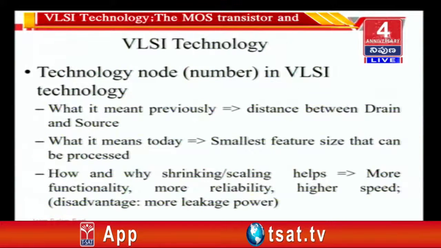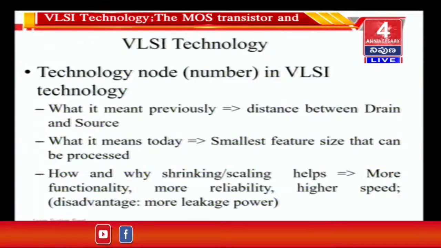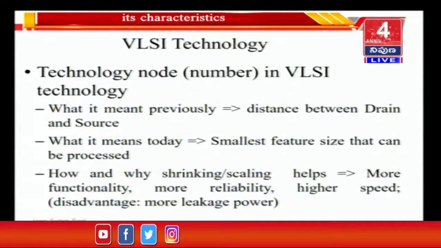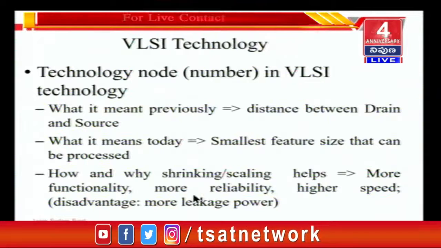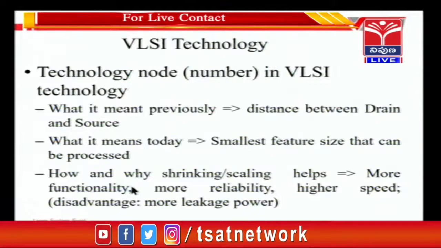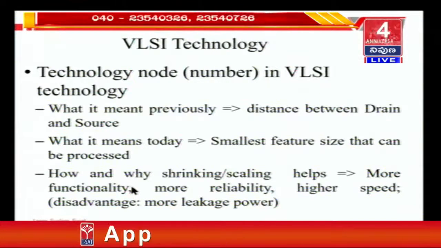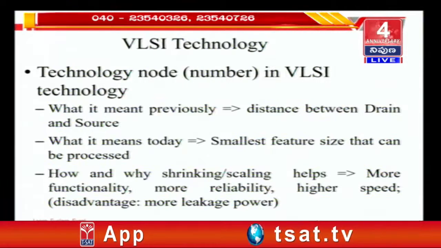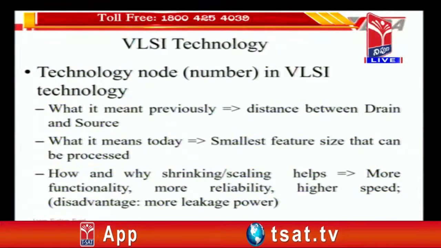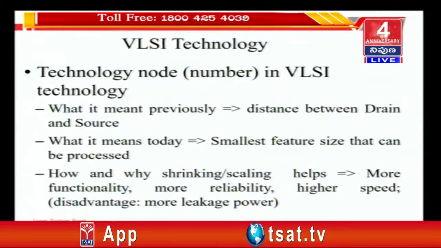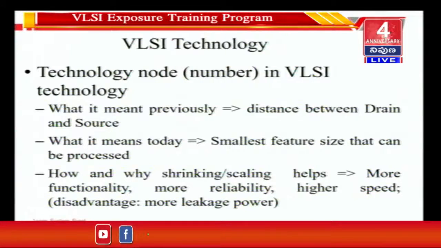More transistors means obviously more functionality. And when more functionality comes into a particular chip, you have a lesser number of chips on a particular board. Lesser number of chips means lesser interconnections, lesser soldering, lesser possibility of loose connections, lesser possibility of dry solders.